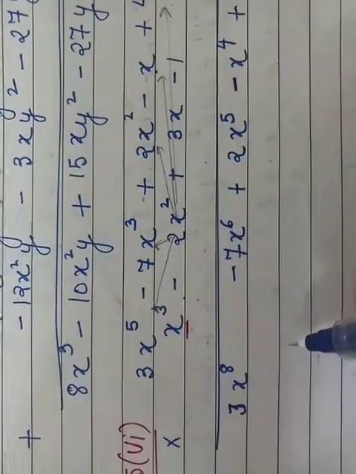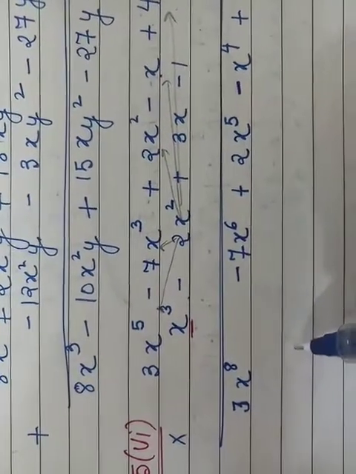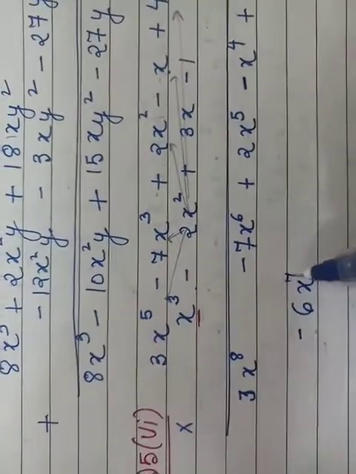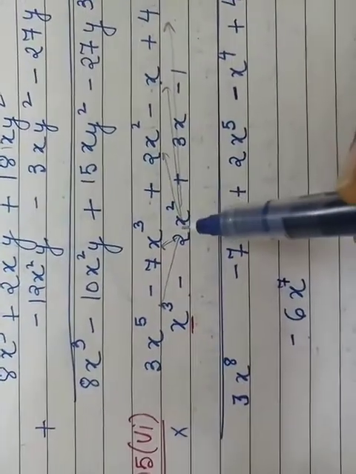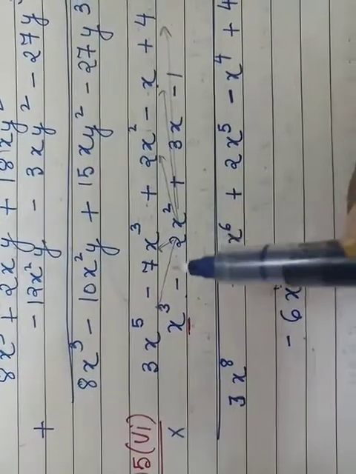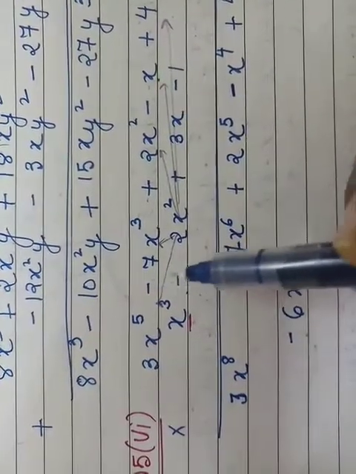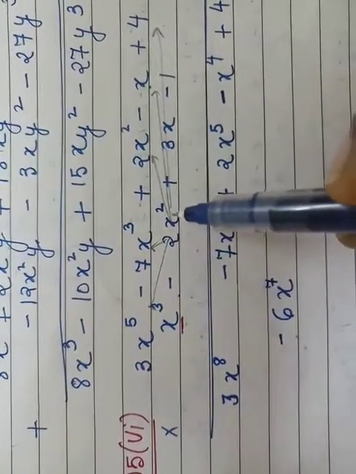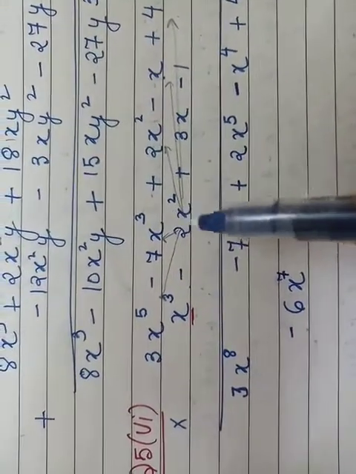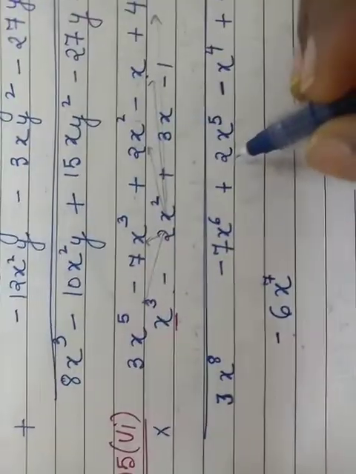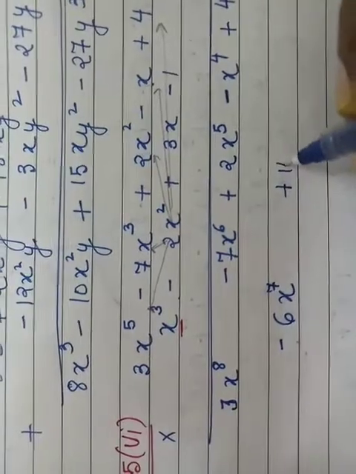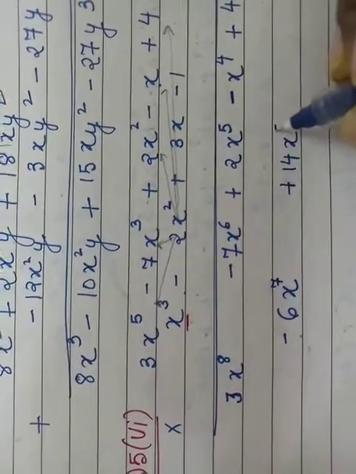So I am going to write it here. What we get? Minus 6 x to the power 7. When we multiply it with x to the power 3, this is minus, this is also minus, minus minus will become plus. 7 2s is 14, x cube and x square will give you x to the power 5. So I am going to write it under x to the power 5. So we get plus 14 x to the power 5.